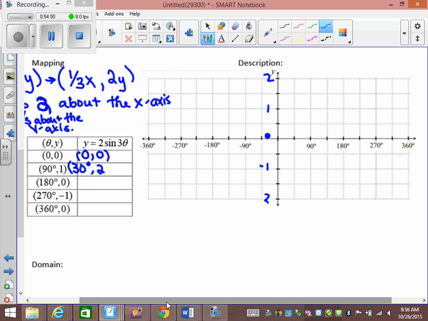This is 45, so 30 is a little shy of it. If you were labeling your own axis, you probably wouldn't label it like this. You'd make a different axis, right? 30, 60, 90. I don't know why I did this. And then 180 times a third is 60, which is basically divided by 3. 0 times 2 stays 0. So now we're at 60 and 0.